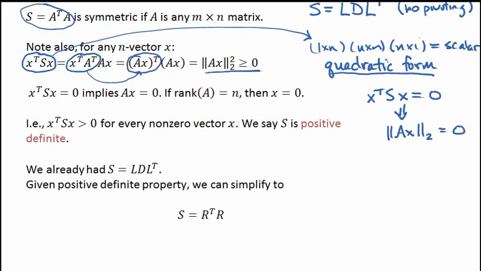And the only way for the 2 norm of a vector to be 0 is if the vector itself is equal to 0. Okay, when can that happen? Well, remember that A times X is a linear combination of the columns of A. If AX is equal to 0, and X is a non-zero vector, then that would mean that the columns of A are linearly dependent. This goes back to basic linear algebra.